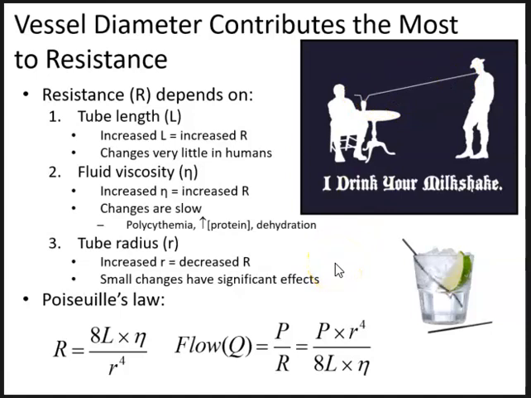Another variable that we talk about with regards to resistance is fluid viscosity. Viscosity, again, being that thickness or stickiness of a fluid. So fluid viscosity is represented by this weird N, and we know that an increase in viscosity will also increase resistance.